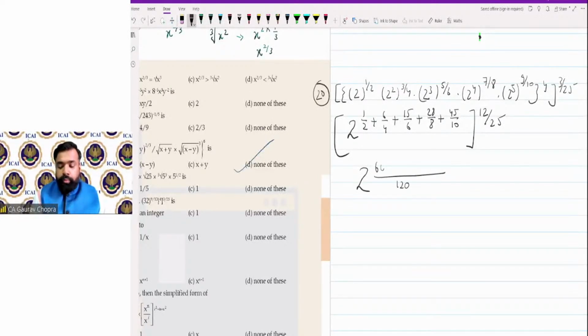So it will become 60 plus 30 into 6. It is 180. 20 into 15 is 300 plus 15 into 28. 15 into 28 is how much? 420. And then 12 into 45 is 540.